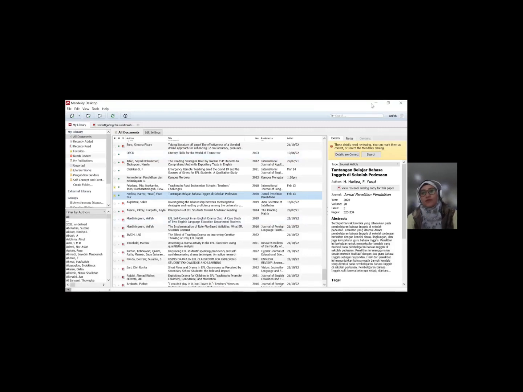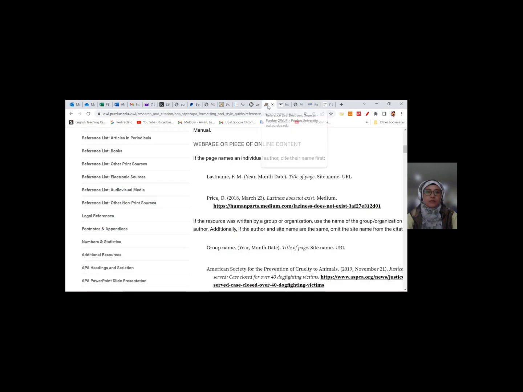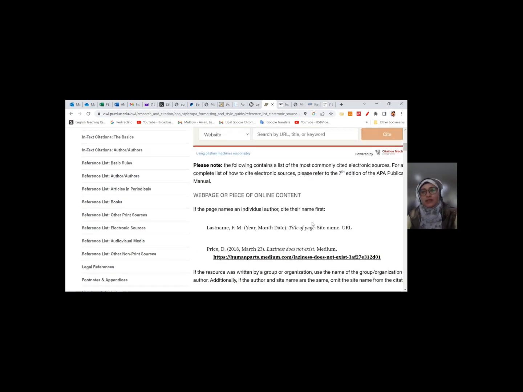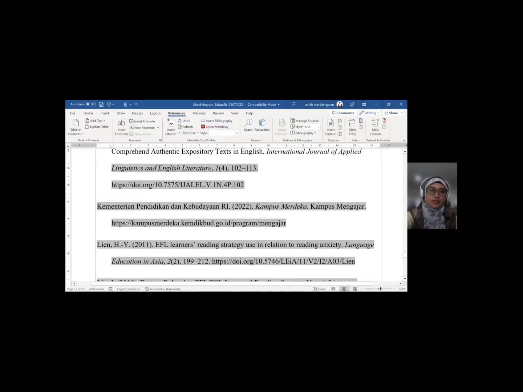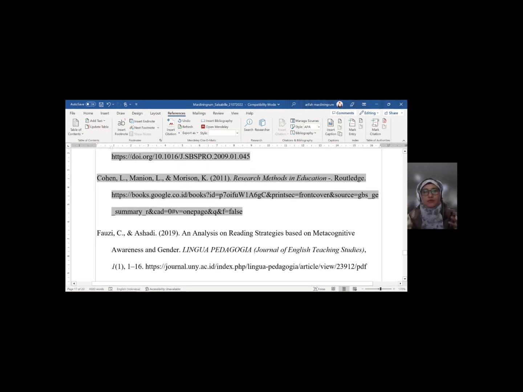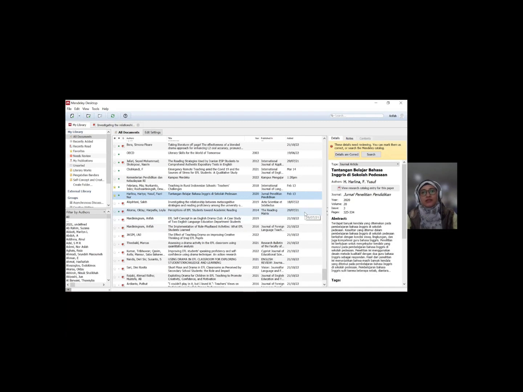Okay, so for the other types of literature or references, you can always check Purdue here and then use Mendeley. What you can do is always check your references and see if any information is missing, and then open Mendeley and update the information there.